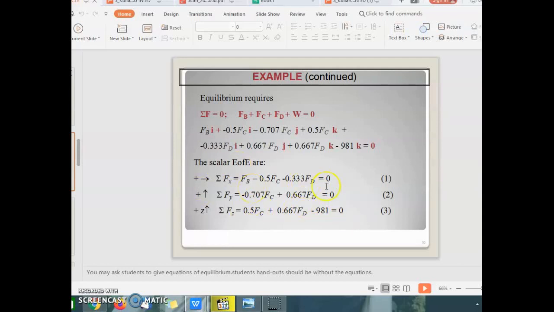So if you have two unknowns and two equations, the problem can also be solved. You cannot have more unknowns than equations, like three unknowns and two equations. Probably the problem cannot be solved.